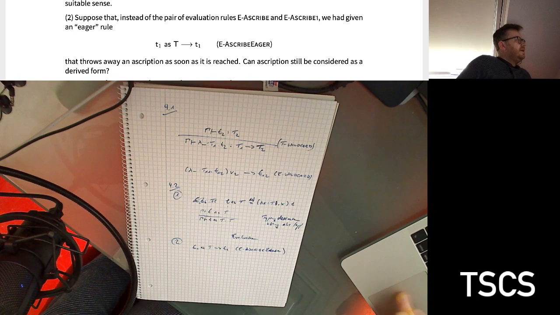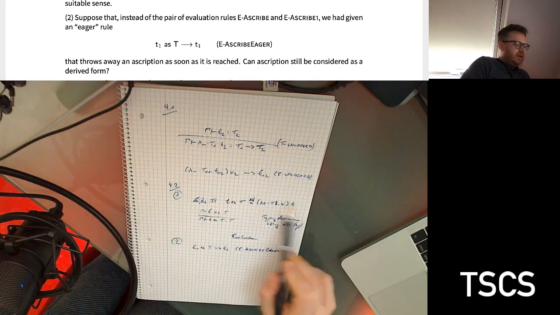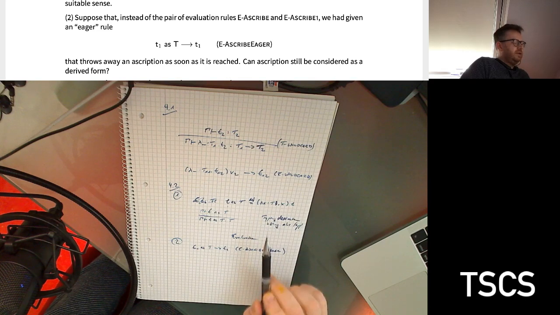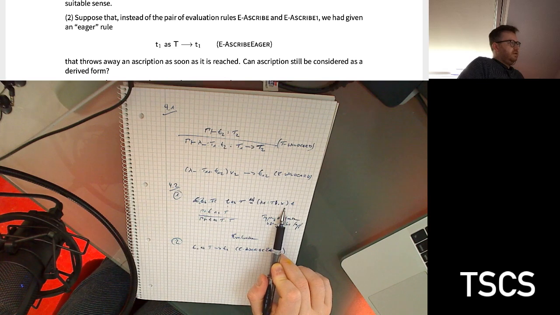Good. So for typing, that does not change much, but for evaluation it does. And if we do that, we would find out that we cannot use this anymore, because evaluation on this part works a little bit differently. So we need something that also eagerly evaluates on the other side.